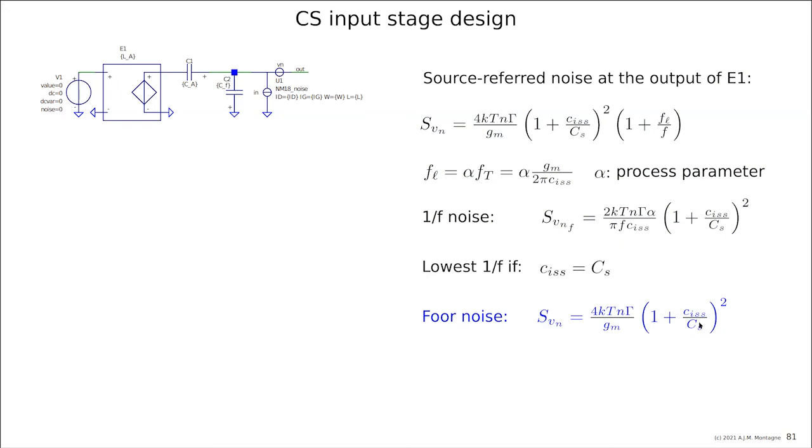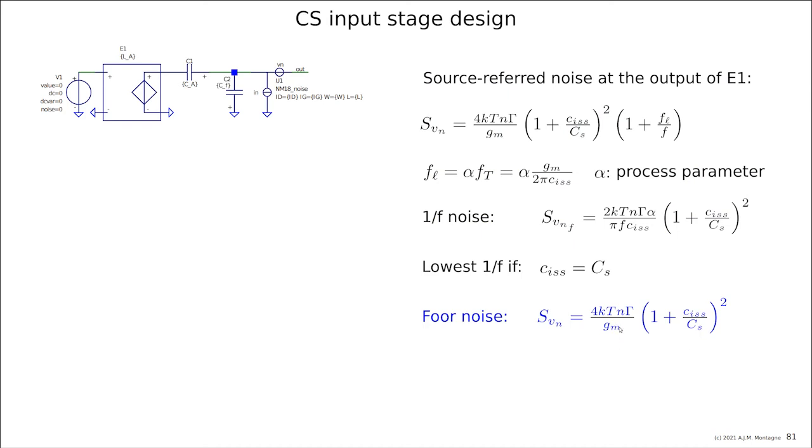So the order in our investigations is first see if, for low frequencies with the optimum, our 1/f noise is low enough. If that is low enough, then we can maybe make it a little bit larger to keep this Ciss over Cs as small as possible.